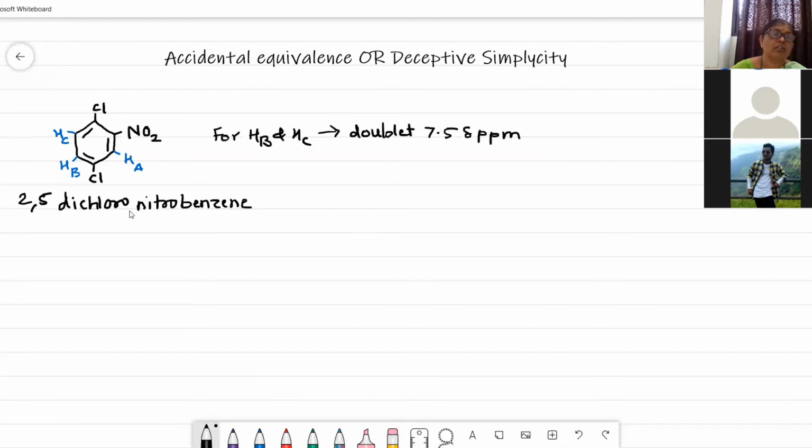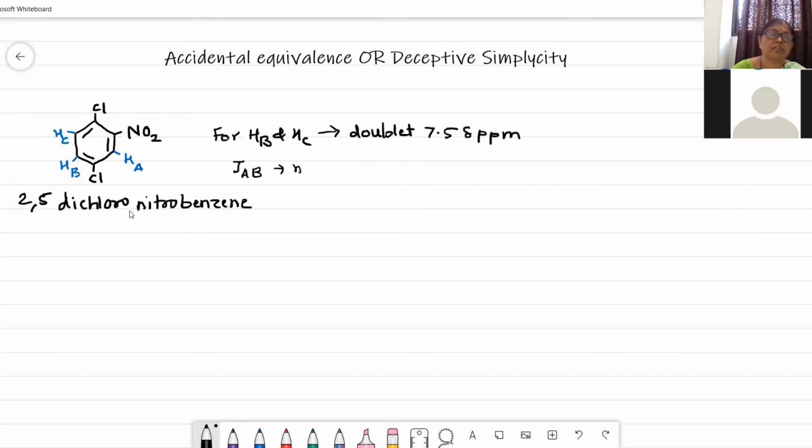Then we see what is the case for HA type of proton. HA type of proton couples with HB. There is coupling between HA and HB. That coupling is of the type meta coupling.